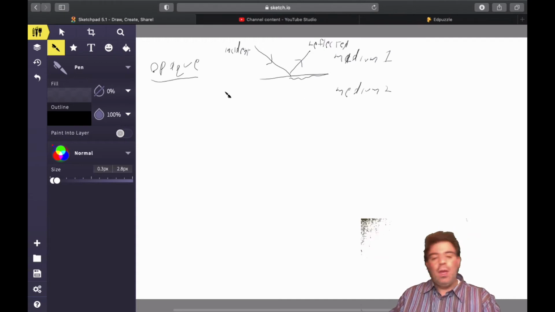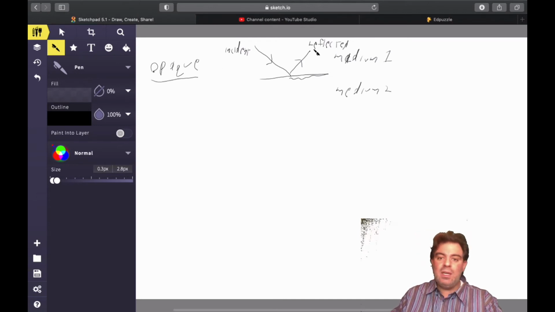So now, if we have an opaque object, the reflected light rays are what we are going to see and perceive as that color. For the ones that get absorbed, we will not observe that color, because the reflected light rays are the ones that reach our eye and appear to us as that color. For example, imagine we have an object that is green in color.